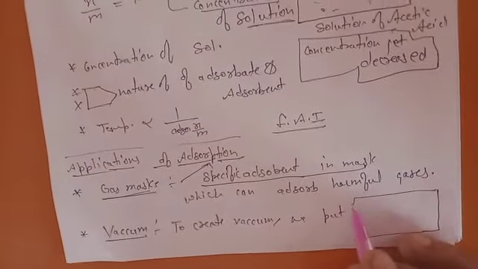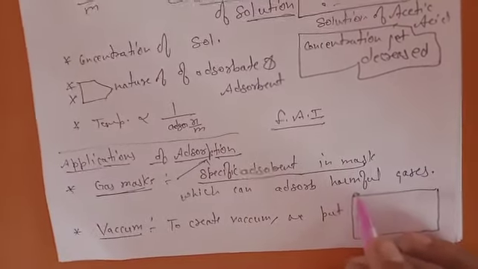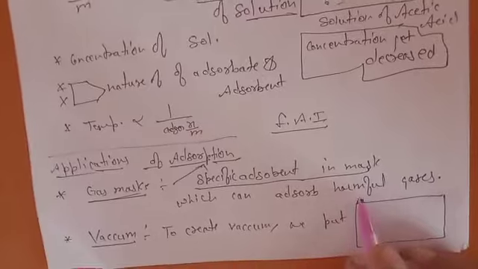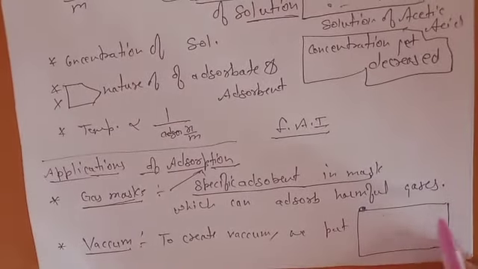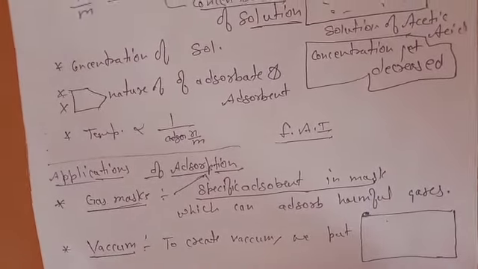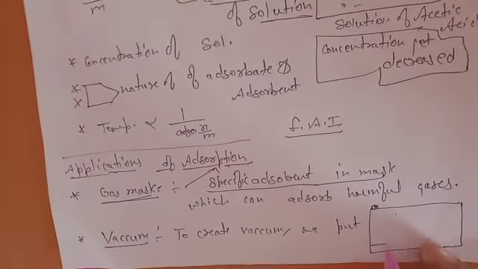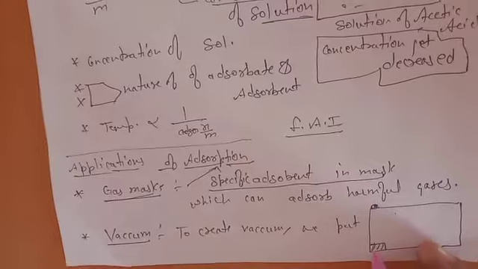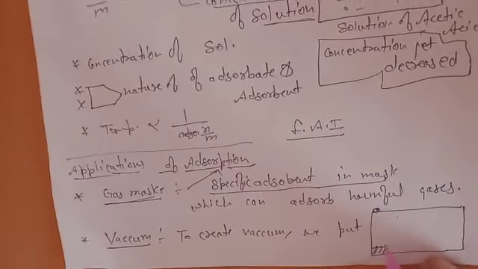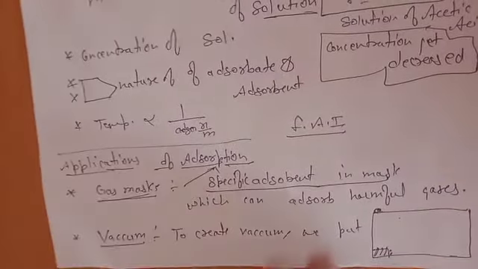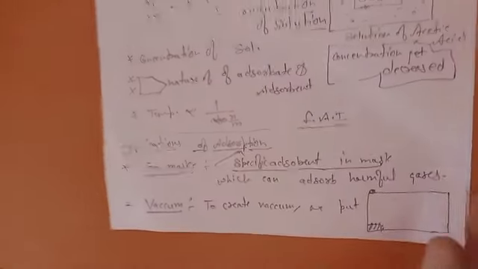We use some fans to extract the air from this one. Suppose at one corner we use some fan which is extracting air from here, but still some air gets left. Okay, so perfect vacuum is not maintained. At that time we use a particular adsorbent at one corner which adsorbs these gases, and they help in maintaining the vacuum. So this is also one of the applications you can use on the basis of adsorption.